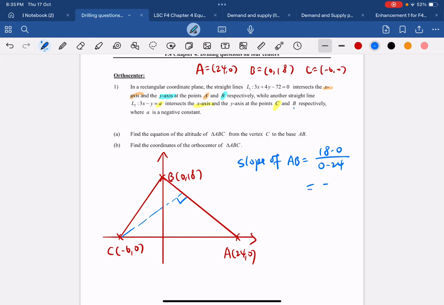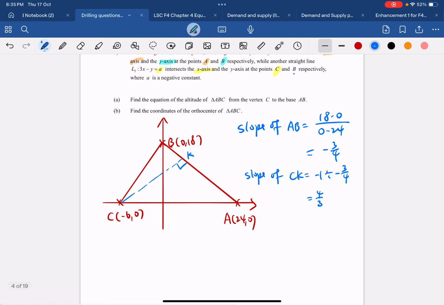So it should be -3/4, which means the slope of the blue line, for sure we can't write something like blue line, so you can let this point be K, which means the slope of CK would be -1 divided by -3/4, which is 4/3.